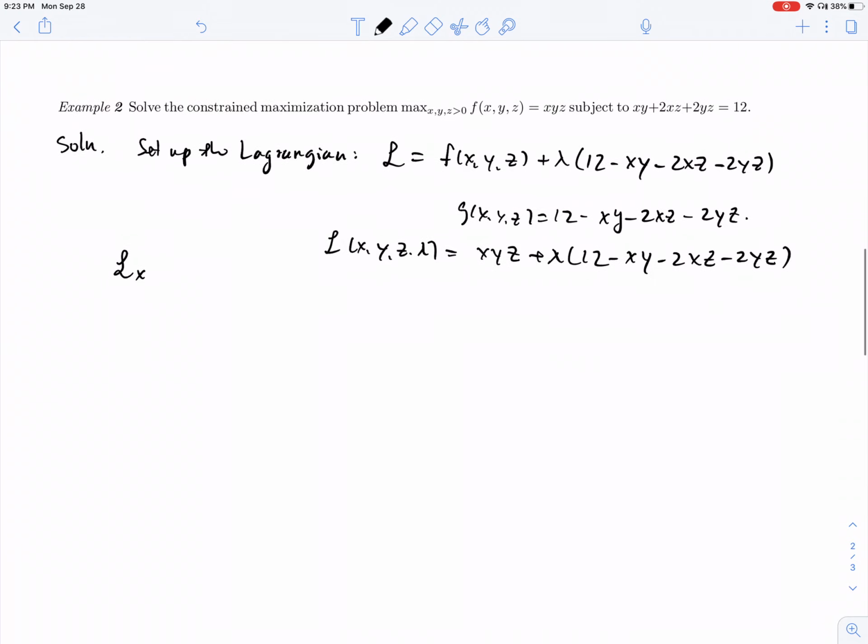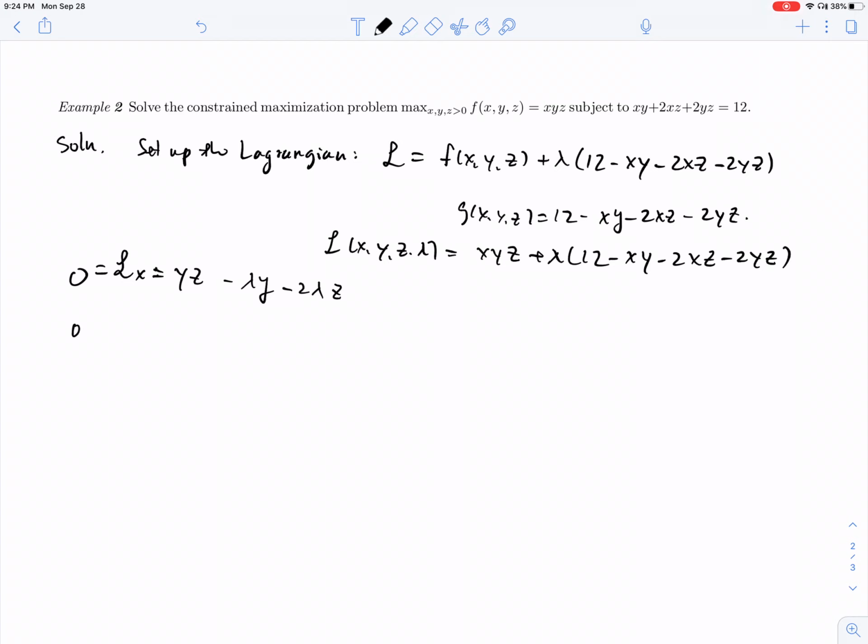Take the partial derivative with respect to x, set to 0, and then we have yz over here. Take the derivative carefully. We have negative lambda y, and then negative 2 lambda z. This is the derivative with respect to x, right?